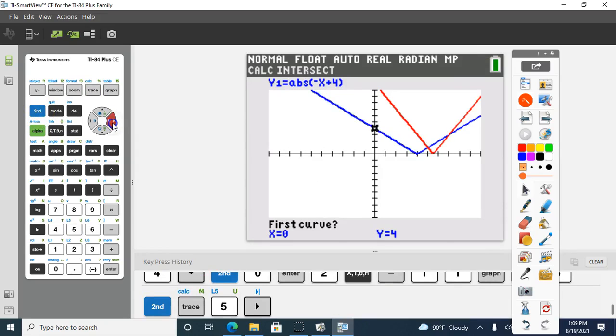Move your cursor as close as you can to one of the intersections. That's close enough. Now hit enter, enter, enter. One answer is x equals what? 5. Then we go through the entire process again.